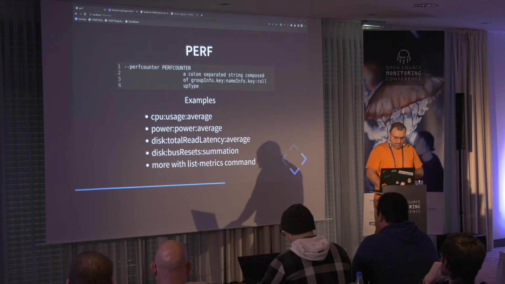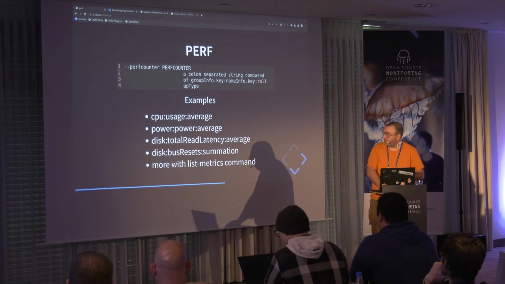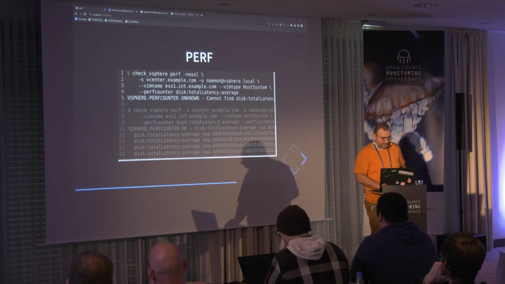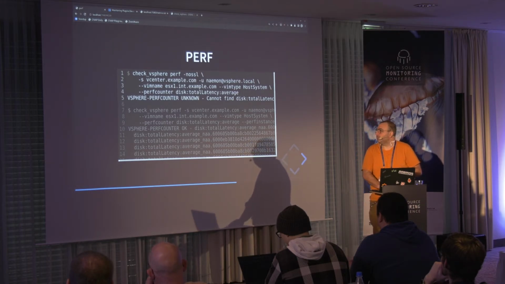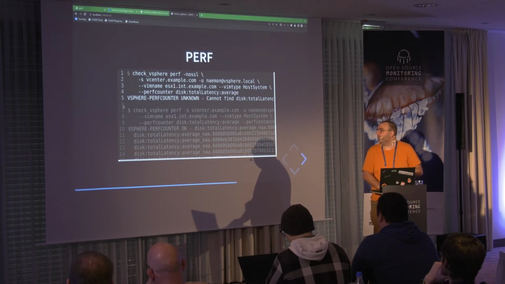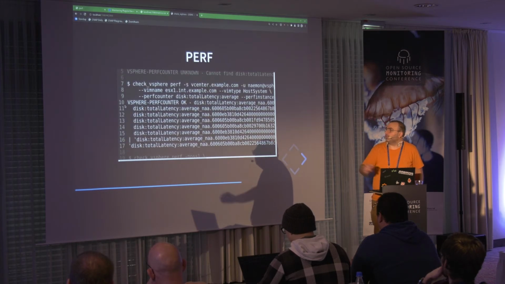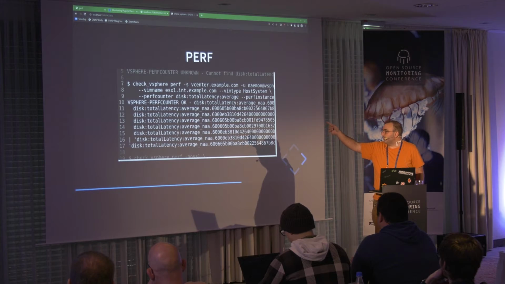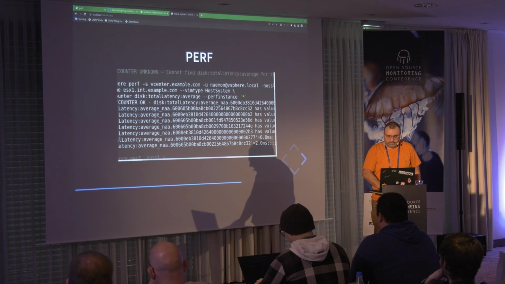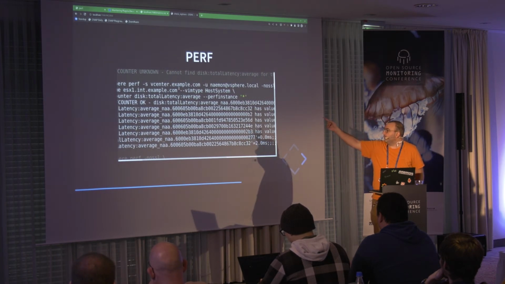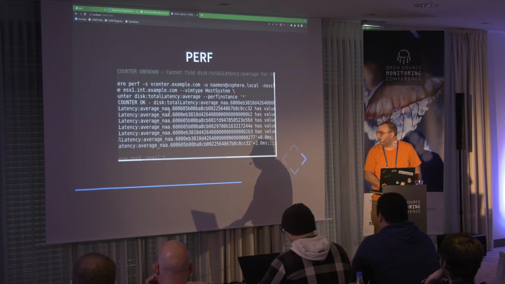So yeah, here are some examples for these performance counters. So here I have some more examples. Here's a thing with this performance instance. We have a disk check. We check the total latency, and I have here perf instance asterisk, and then I get all the disks, and you get also the performance data for all the disks.